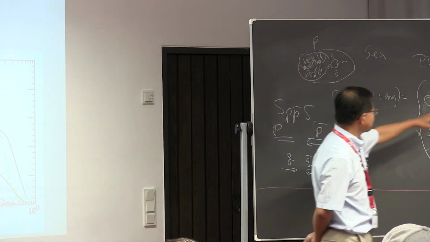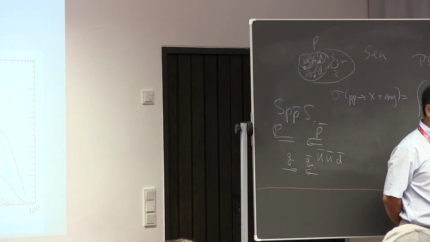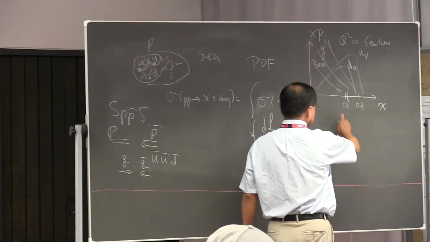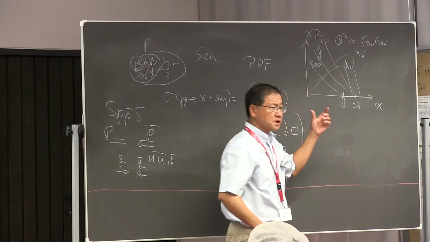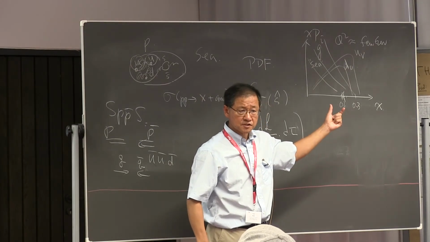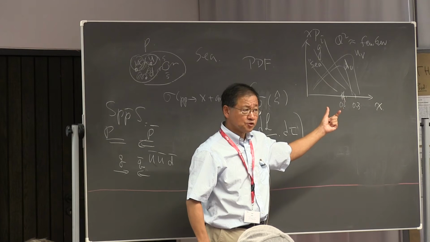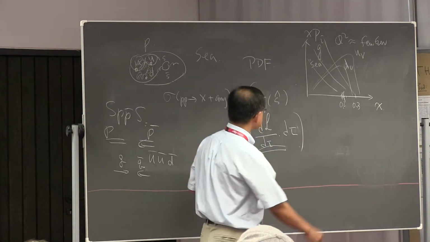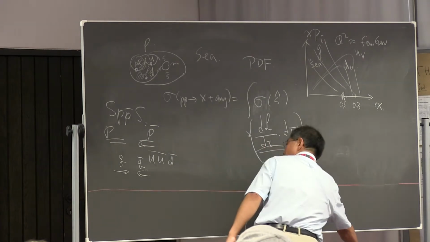It depends on energy. This is a relatively low energy regime. If you are probing a physics with a large x, the valence quarks are the dominant feature. If you produce physics such as a Higgs, let's work this out. I hope you have a moment.